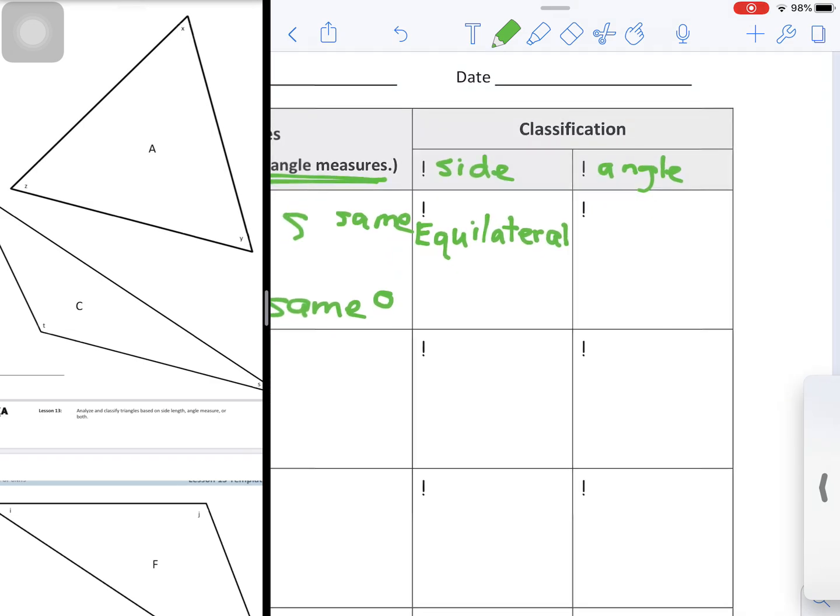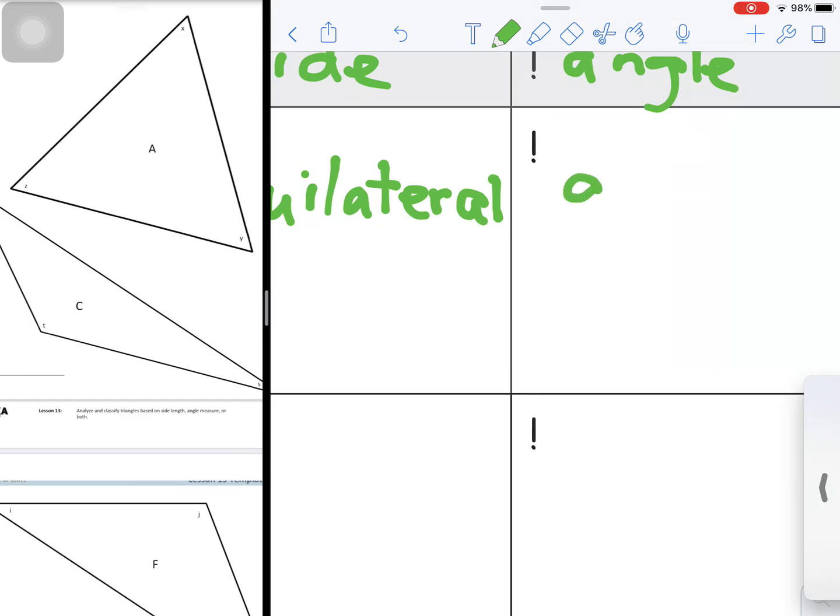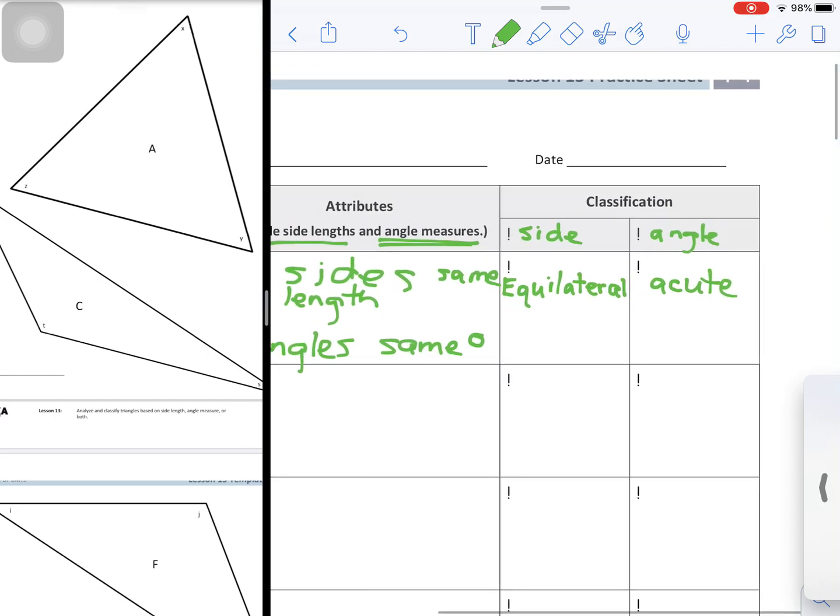So one of the special things about an equilateral triangle, in order for all of the sides to be the same length, all of the angles will always be acute. And you have already learned that an acute angle is an angle that is less than 90 degrees. When you look at triangle A, you can see that all of these are less than 90 degrees.